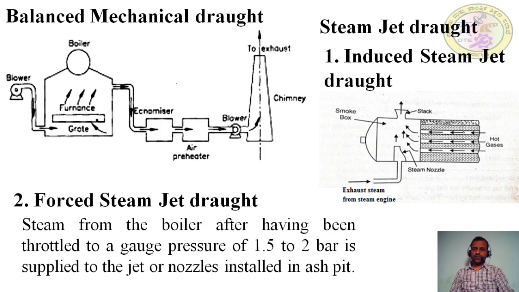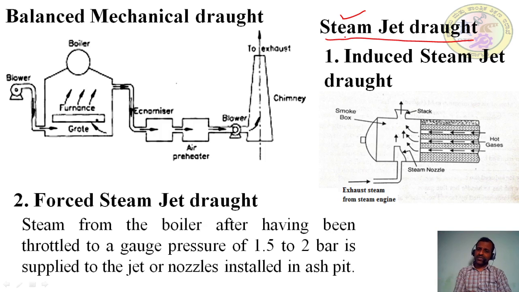Next one is steam jet draught. Till now we have studied the mechanical draught, so now we will see the steam jet draught. Steam jet draught means the pressure difference is created by using steam, the steam already present in the boiler.